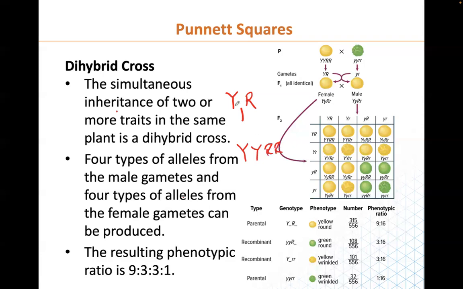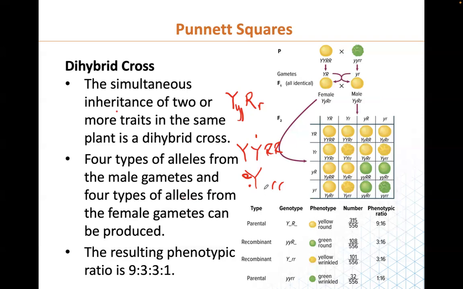If you have one uppercase and one lowercase, it's going to be yellow and smooth. So when is it yellow and wrinkled? If you have one uppercase Y and double lowercase r, it's going to be wrinkled. It would never be wrinkled if you have one uppercase R.